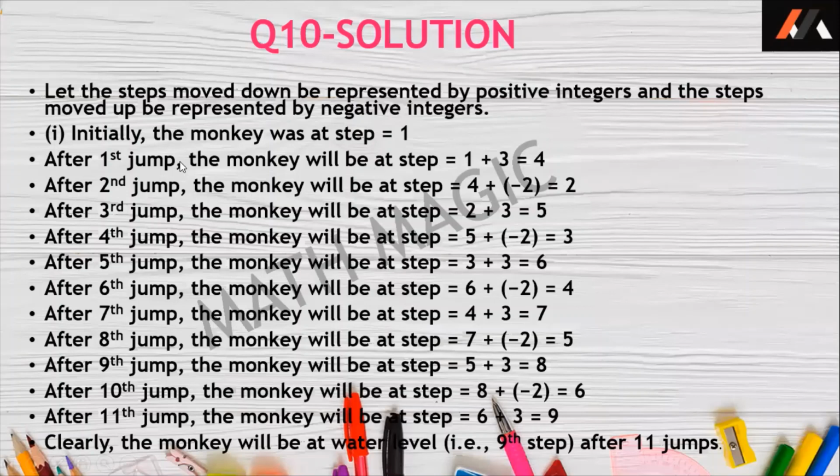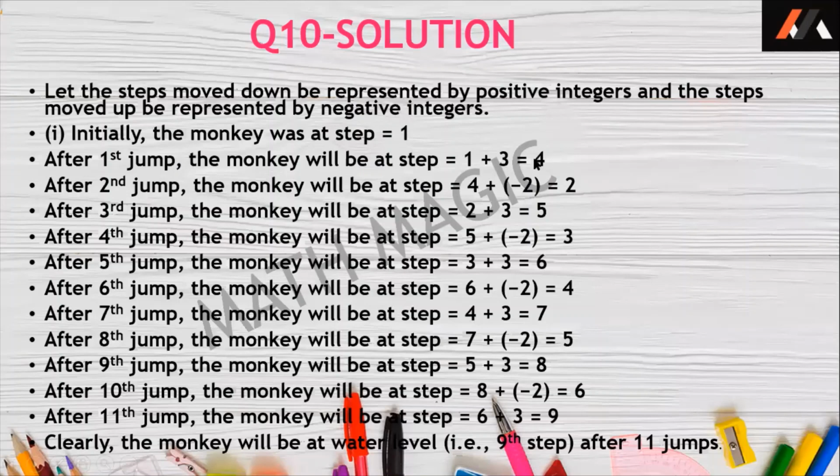So the first jump, the monkey will be at step 4 because initially the monkey was at step 1. It is said that he jumps 3 steps down, that is 1, the initial step, plus 3. He'll be on the 4th step. Then he will climb back 2 steps upwards, which is represented by the minus symbol.